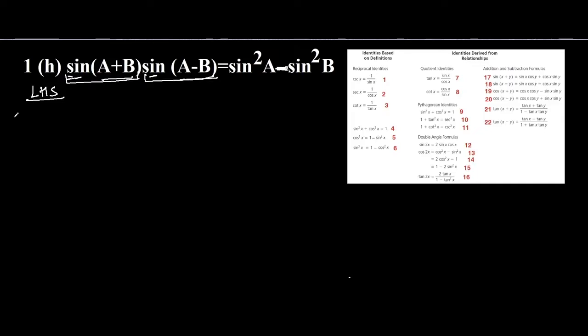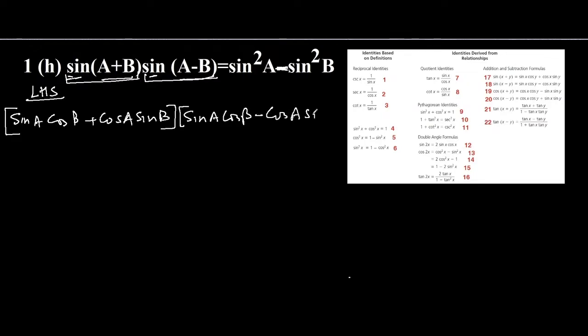So I'm doing that. Sine a cos b plus cos a sine b. This is the identity for the first part. It is being multiplied with sine a minus b. So it will be sine a cos b minus cos a sine b.